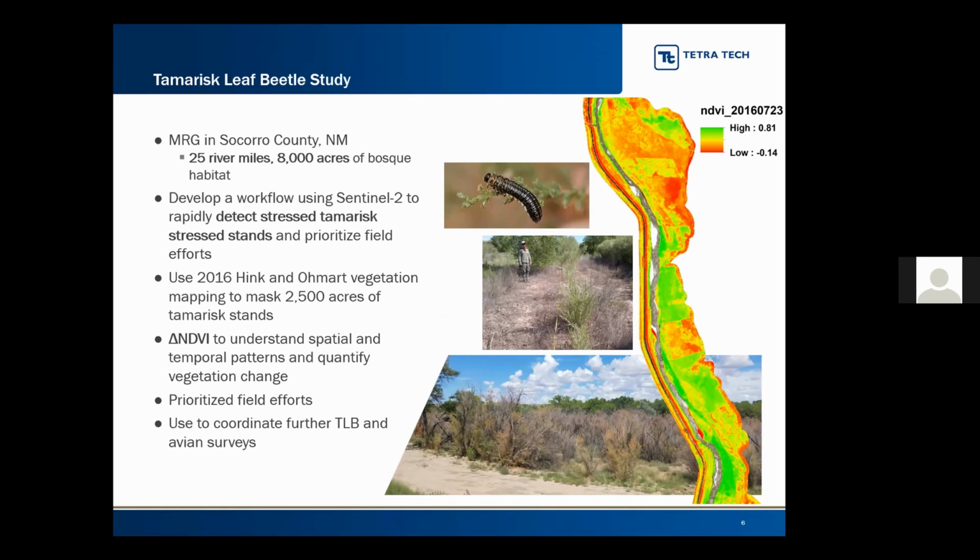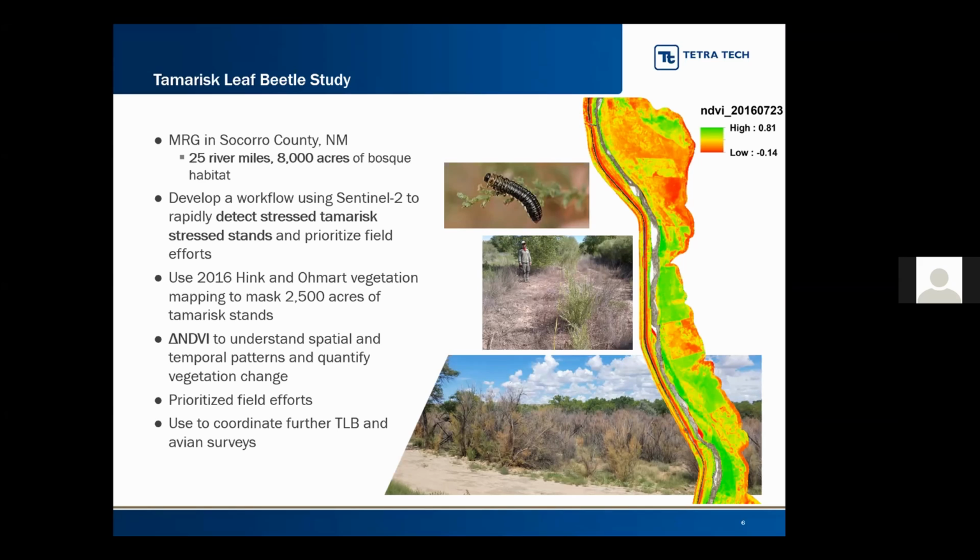So in this case, we looked at 25 river miles and over 8,000 acres of bosque habitat. We used 2016 Hink and Ohmart vegetation mapping to mask out and exclude other vegetation and just look at tamarisk dominated stands.